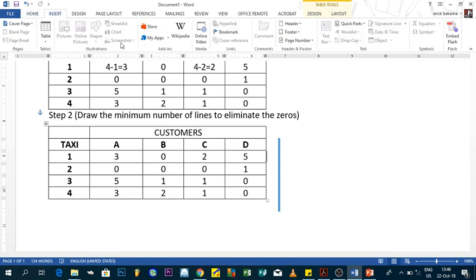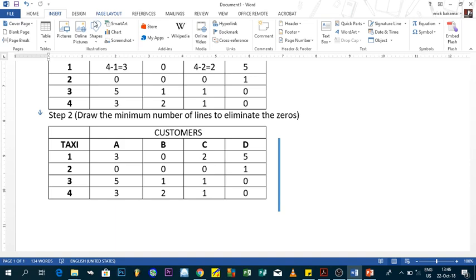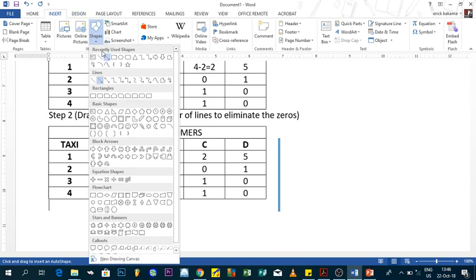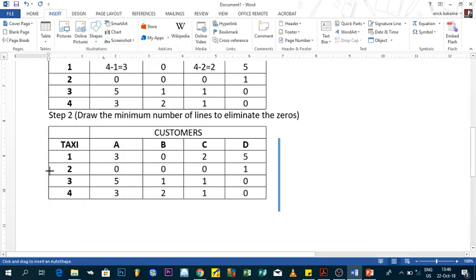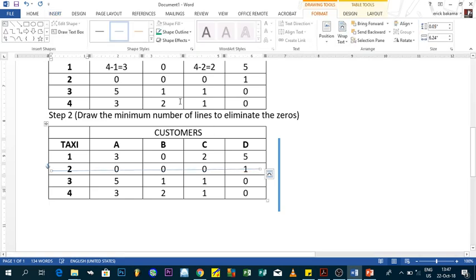So what am I going to do? I'm going to make another horizontal line to cancel the 3 zeros at 1 like this. Sorry, my line is not really straight. But anyways, you understood.